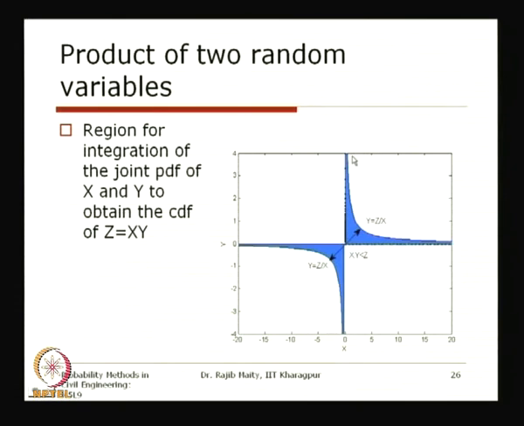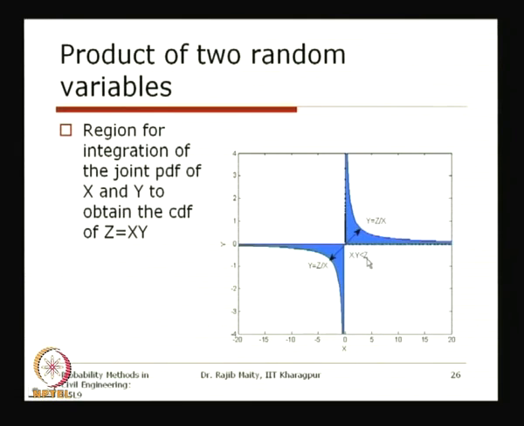If we take a specific value of z, these are the lines where y equals z by x, one in the first quadrant and another in the third quadrant. These go to plus infinity and minus infinity respectively.